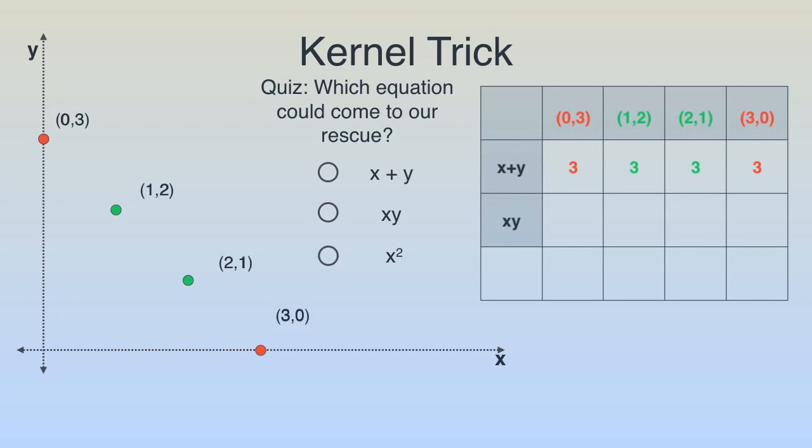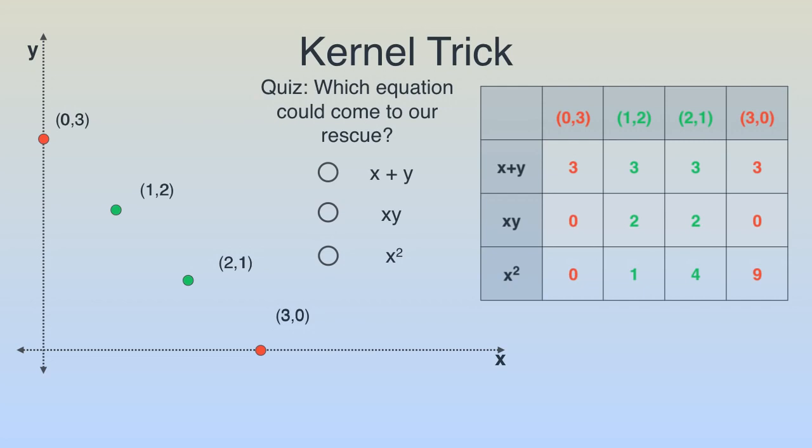Now for the second row, we're going to get the products. 0 times 3 is 0, 1 times 2 is 2, 2 times 1 is 2, and 3 times 0 is 0. And for the third row, x squared is the first coordinate squared, so 0 squared is 0, 1 squared is 1, 2 squared is 4, and 3 squared is 9.